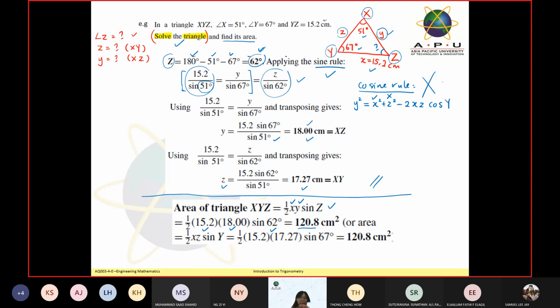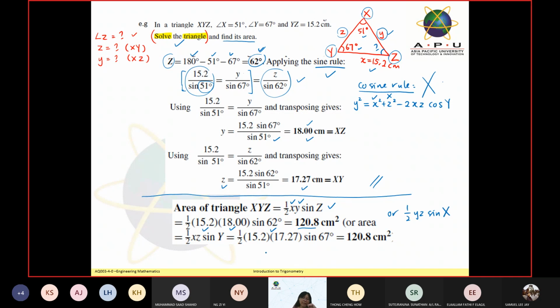Since all the sides and all the angles are known, we can also solve using the same formula the other way. We can involve another two sides and another one angle, for example half xz sine y, or half yz sine x.